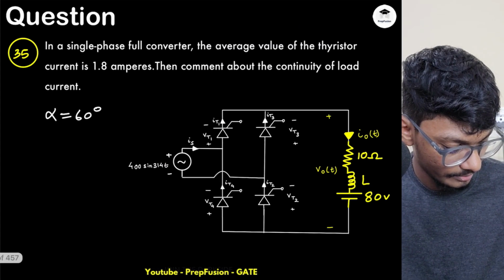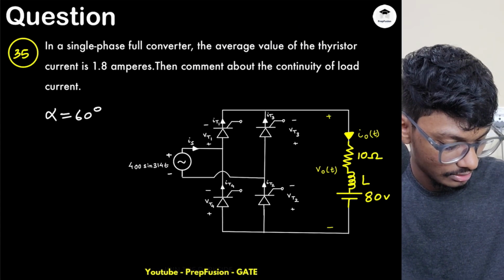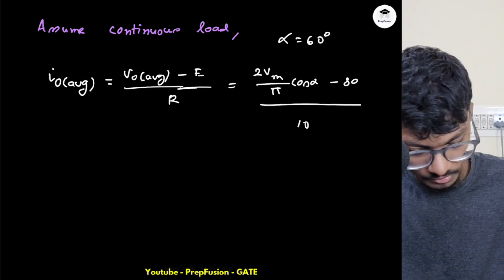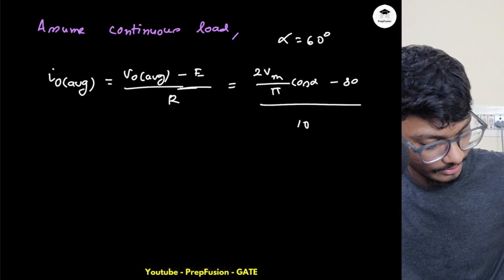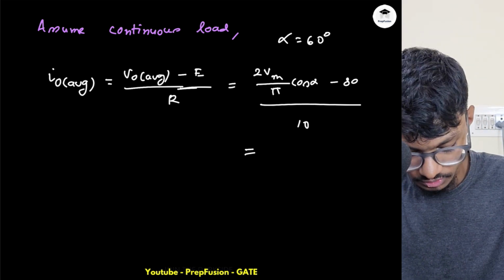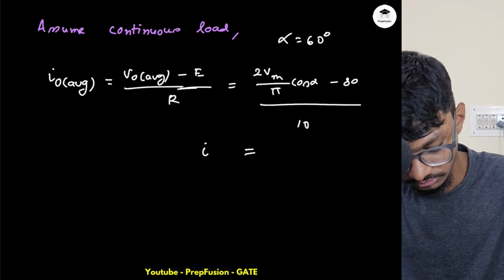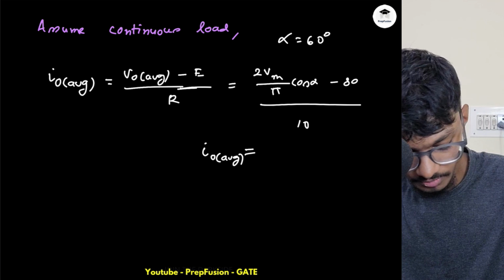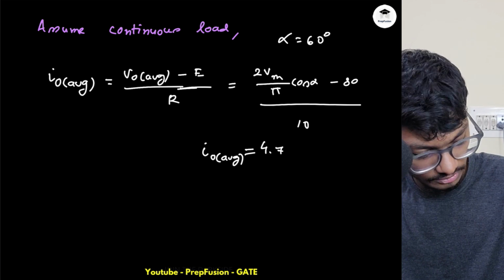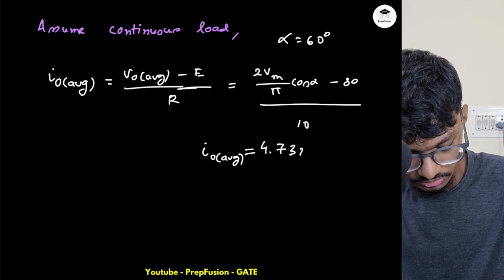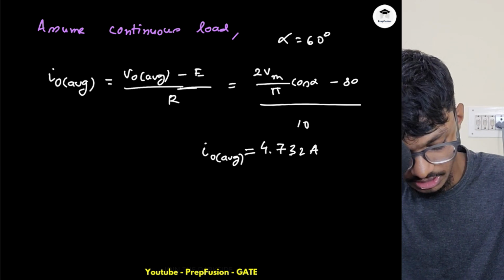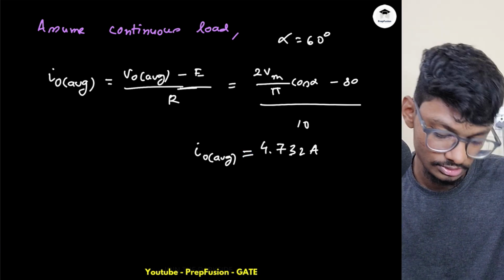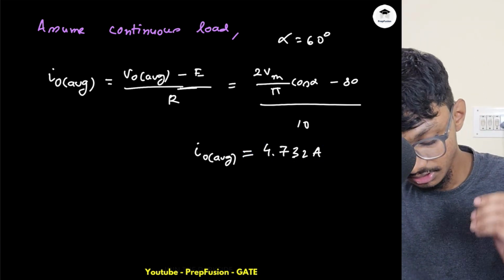So if I do Vm by pi quickly, 400 divided by pi minus 80, divided by 10, this will be 4.732. So your IO average will be 4.732 amperes.